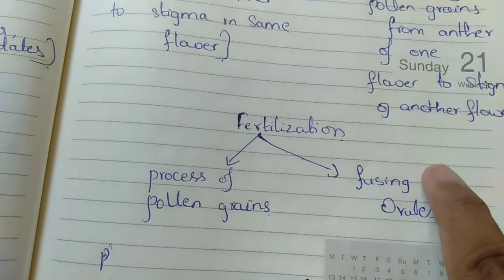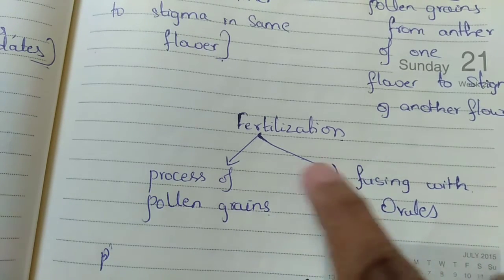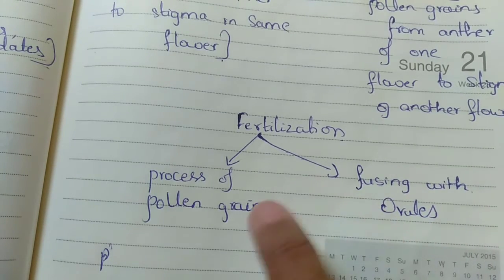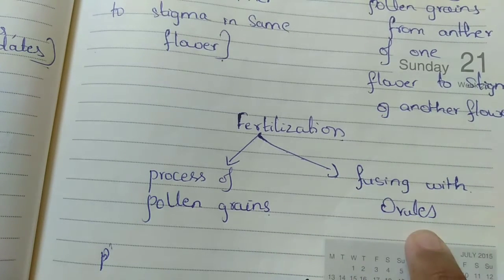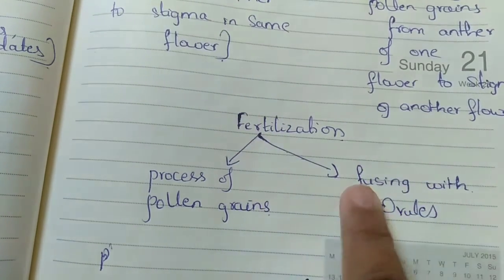There is a stigma, then a tube, which we call the style. Through the tube the pollen finally reaches the ovary. The ovary has ovules, and the pollen fuses with the ovules. At that time we consider it fertilization.